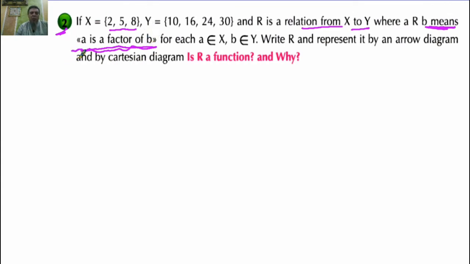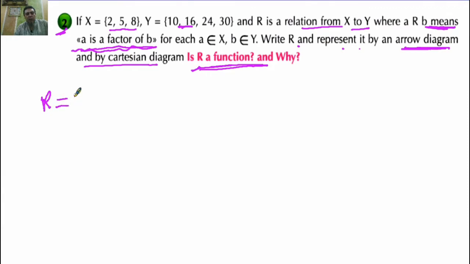B is divisible by A. For each element A and B belonging to X and Y, write R and represent it by an arrow diagram and the Cartesian diagram. The question is: is R a function from X to Y?